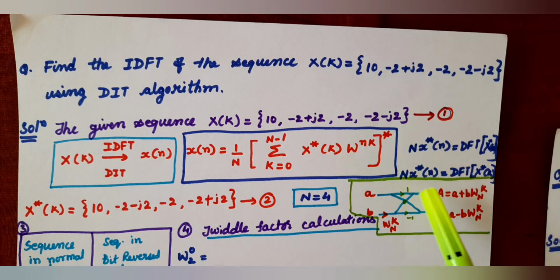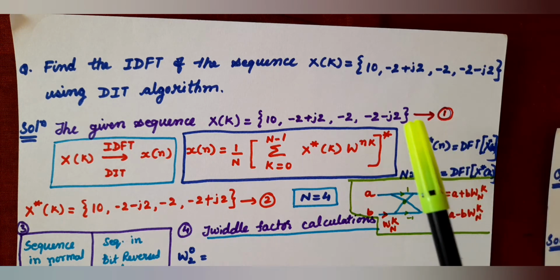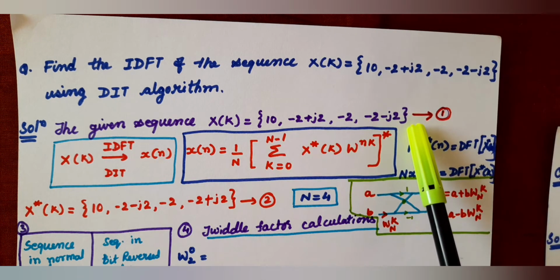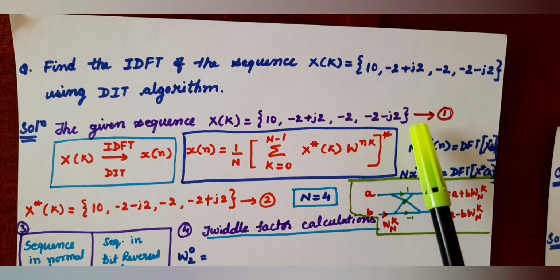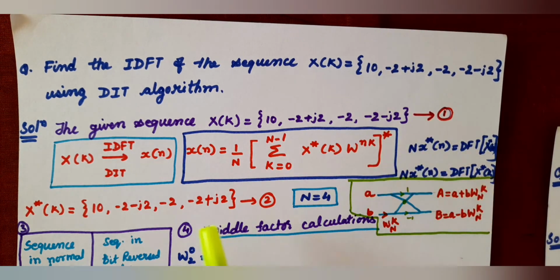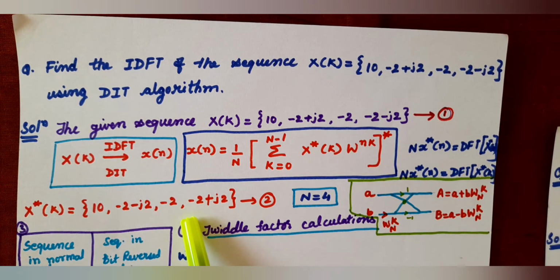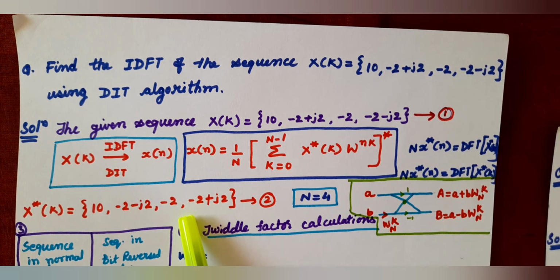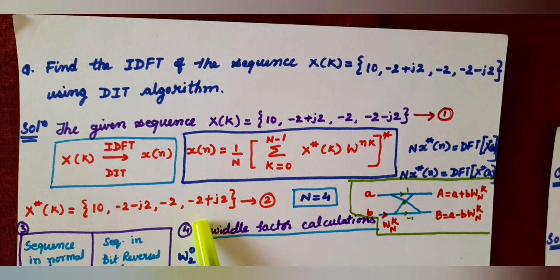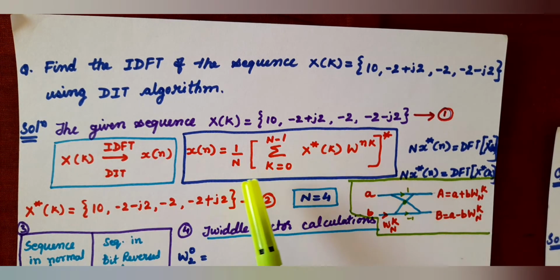These are some basic requirements you have to understand before solving the problem. So the given capital X of k, we have written it, and based on this you have written X star of k, because X star of k is the complex conjugate of X of k, which is taken as input of the flow graph. So how do we take the complex conjugate?